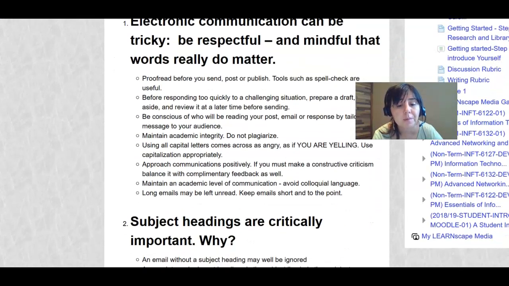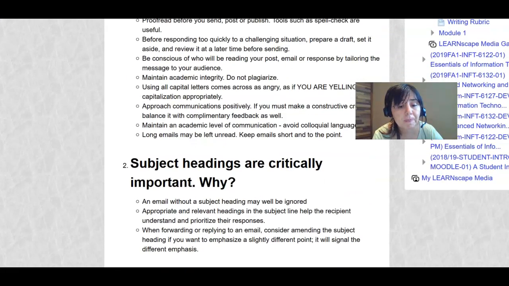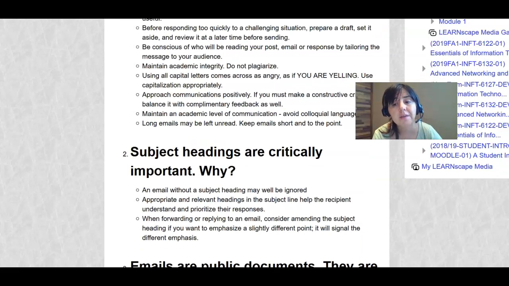For example, when you are sending an email, why you need to have a subject heading and put the relevant information, and make sure you put your course number. Remember, when you send me an email, I have other students in other courses, so it's always helpful for me to see the course number that you are in. It helps me find the students faster and communicate better.